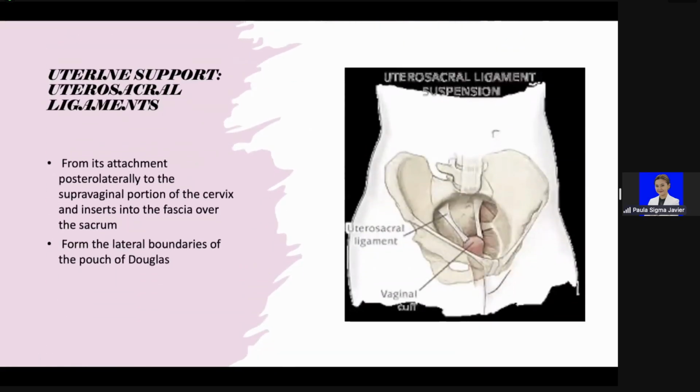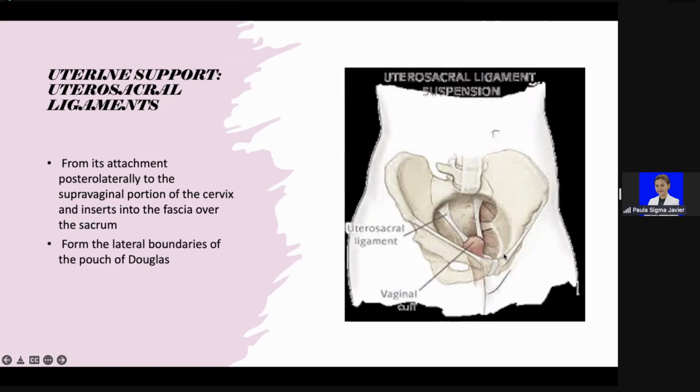We also have the uterosacral ligament. It attaches posterolaterally to the supravaginal portion of the cervix and extends into the sacrum. So uterosacral, from the uterus to the sacrum, but actually more of the cervix, supravaginal portion of the cervix.